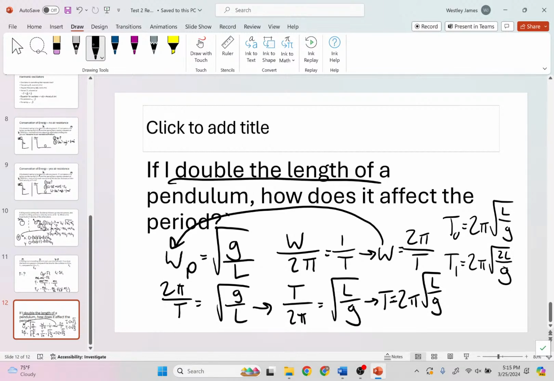So I just doubled the length, and then I pull that to the front, which equals the square root of 2 times 2 pi square root of L over g. Long story short, my new period is the square root of 2 times my original period.